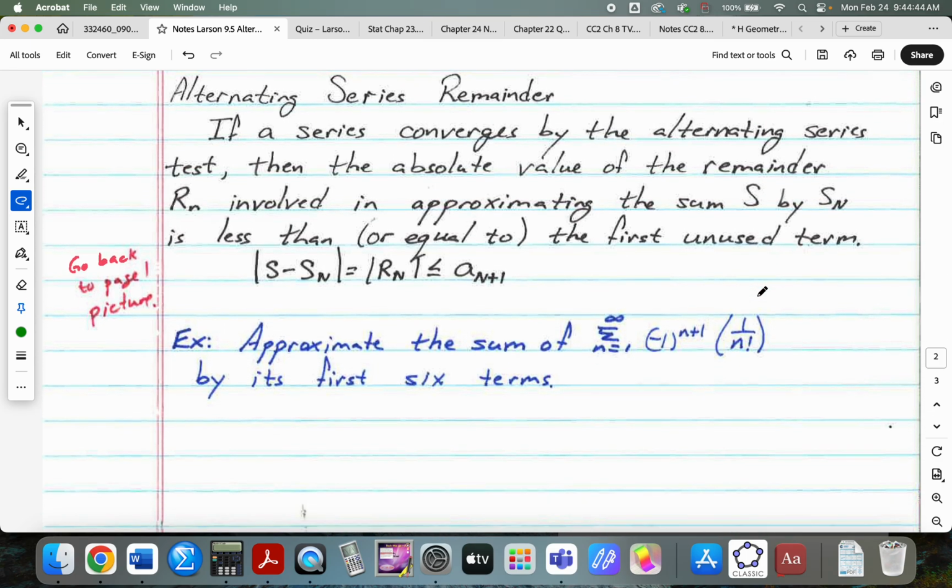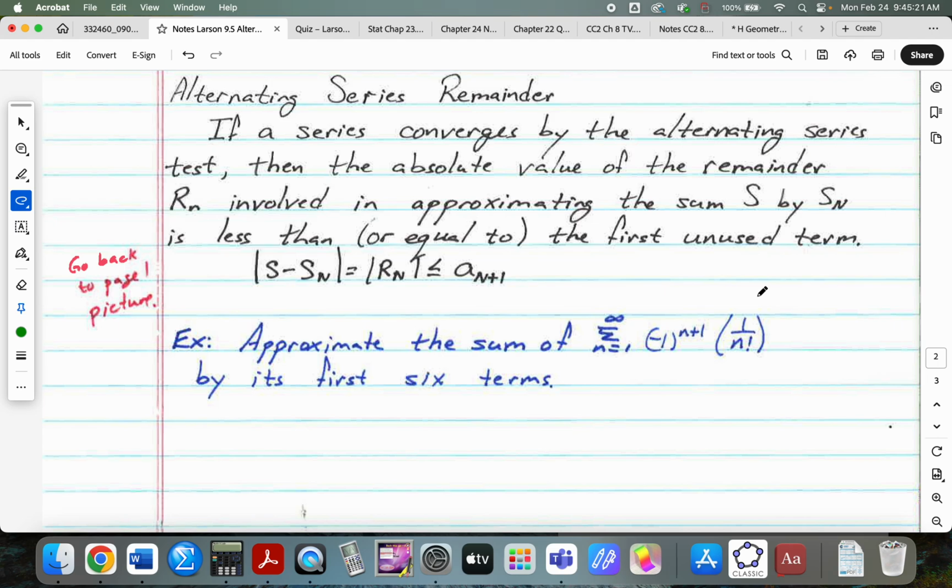So although we don't know exactly what these will converge to, we do have something called the alternating series remainder theorem, which says that if a series converges by the alternating series test, then the absolute value of the remainder, r sub n, and you can think about the remainder as being the error involved in approximating the sum s by s sub n, is less than or equal to the first unused term.